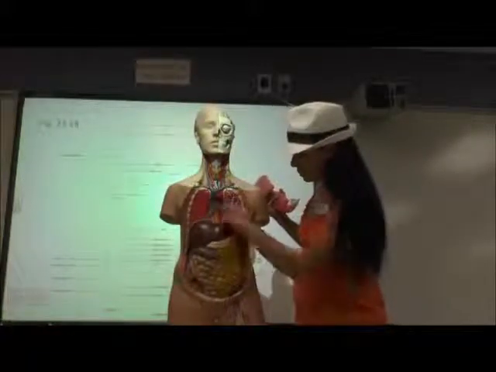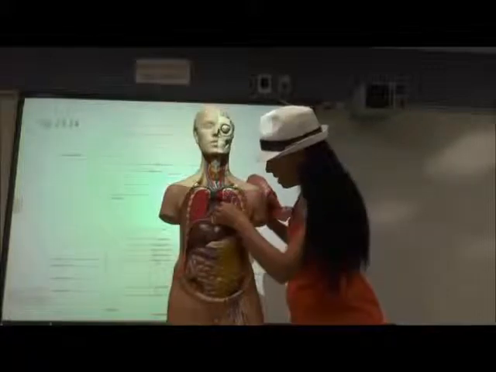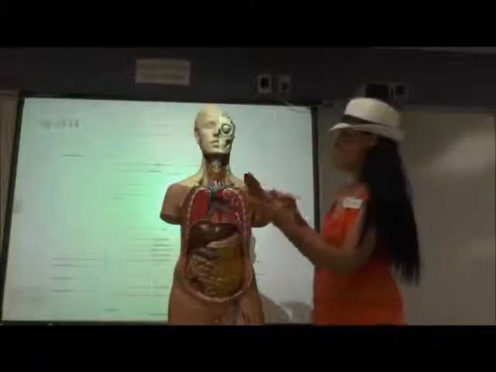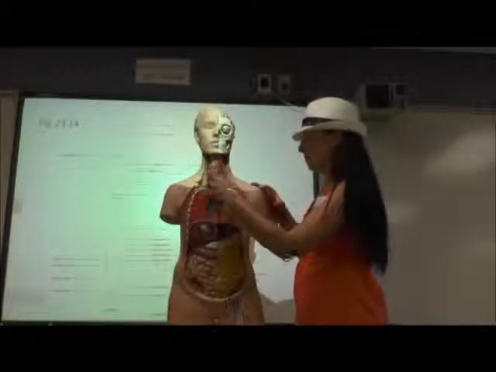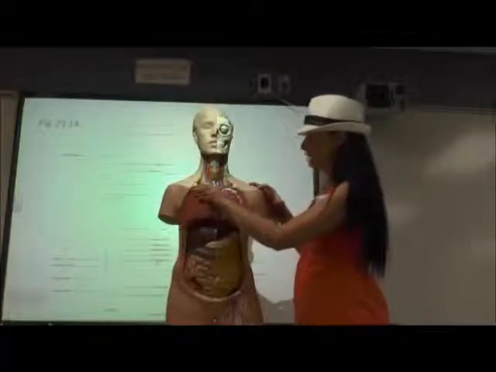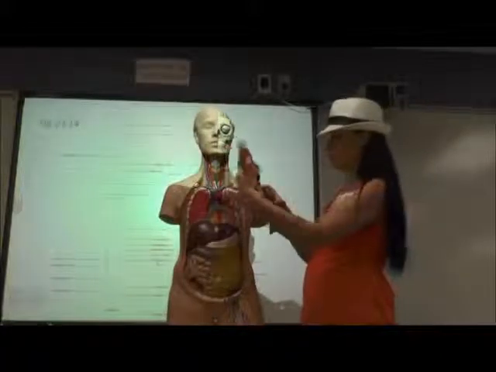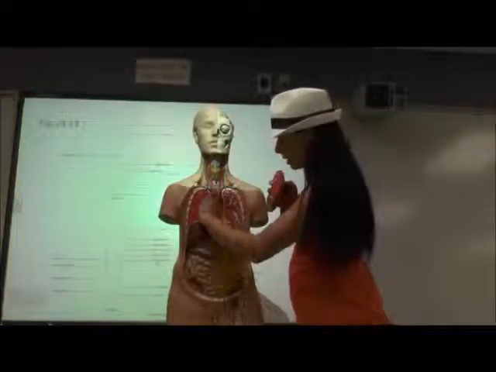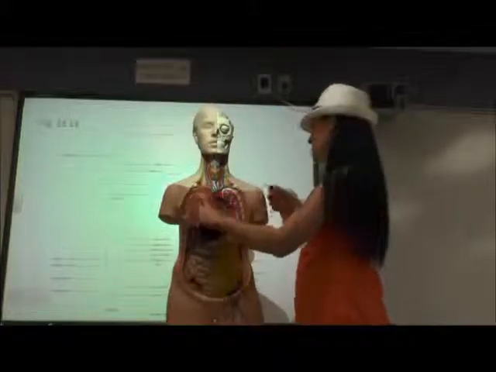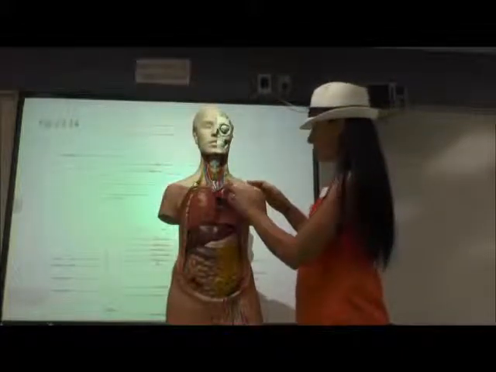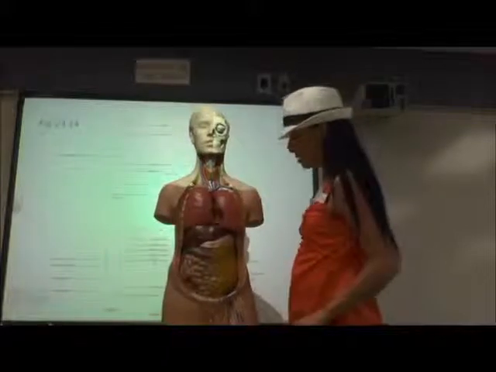The root of your lung has a couple of things. It's got a main bronchus, a branch of your pulmonary artery, your pulmonary veins, nerves that serve the lungs, and lymphatics that serve the lungs. So the root is going to penetrate the lung and bring all of those important structures into it. Those are the most important parts of the gross anatomy of the lungs that you need to be aware of.